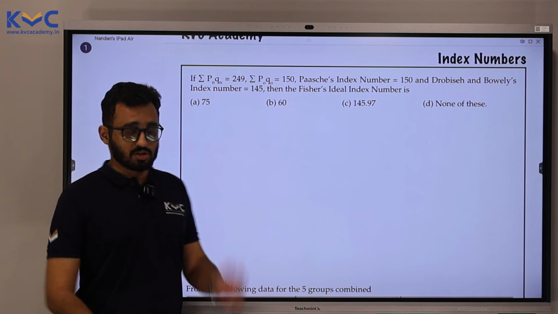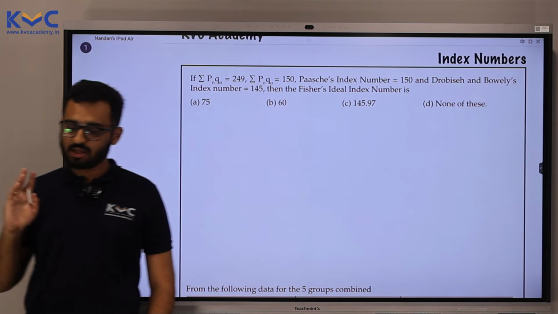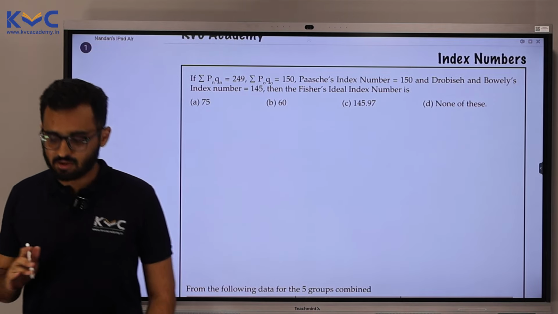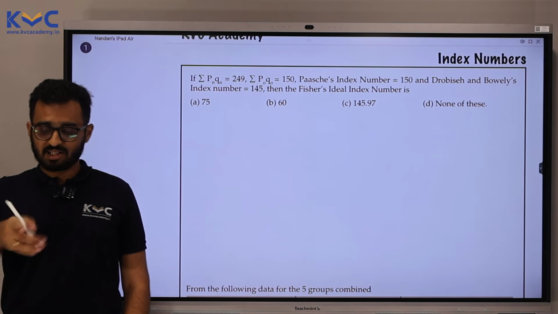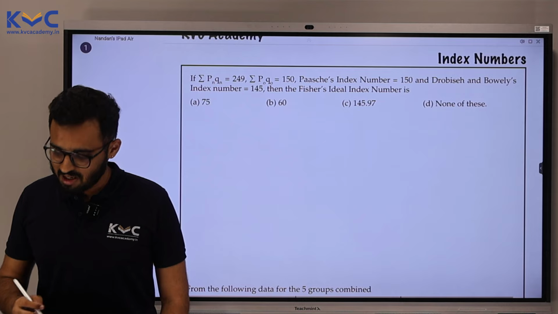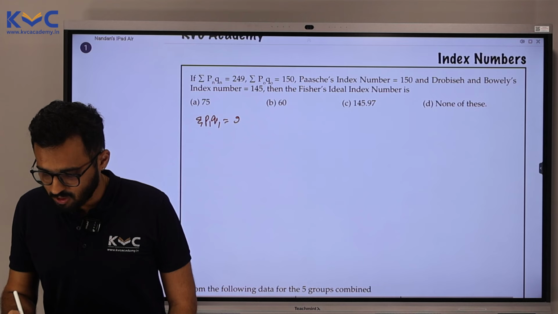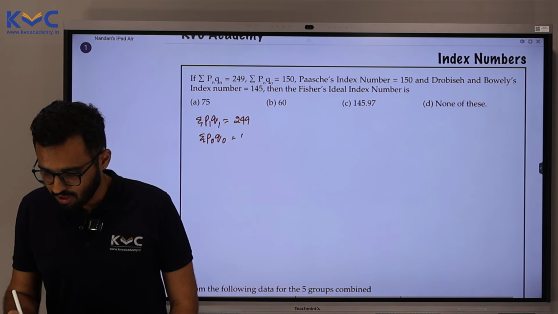Okay. Next question, if summation P1Q1 is equal to 249 and summation P0Q0 is 150, Paasche's index is given 150, Dorbish-Bowley's index number is 145, Fisher's index is supposed to be calculated. Wonderful question.